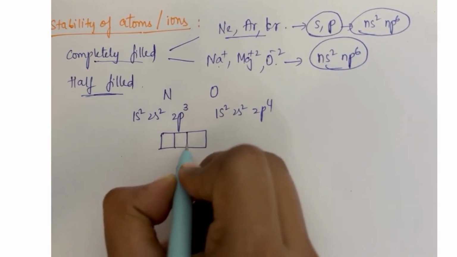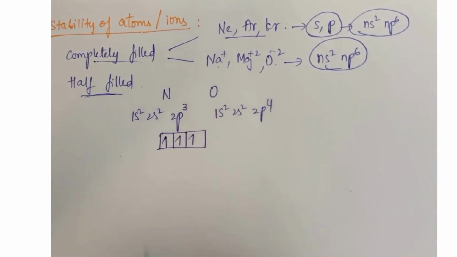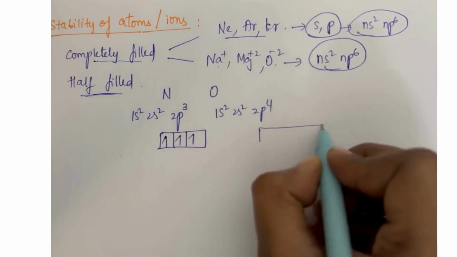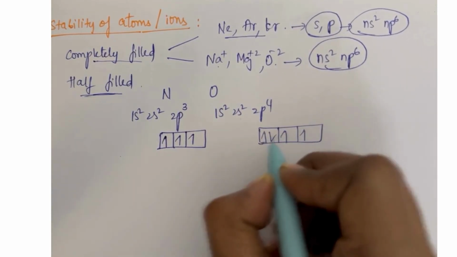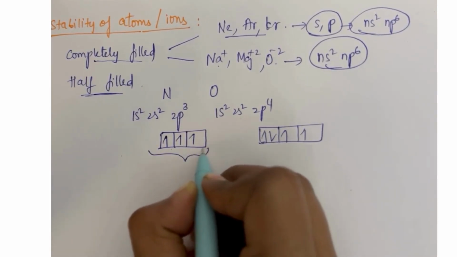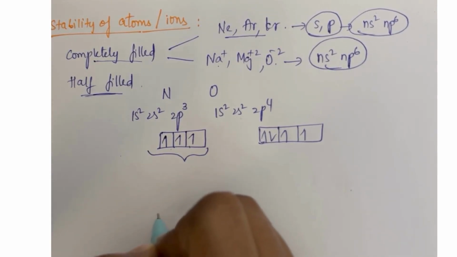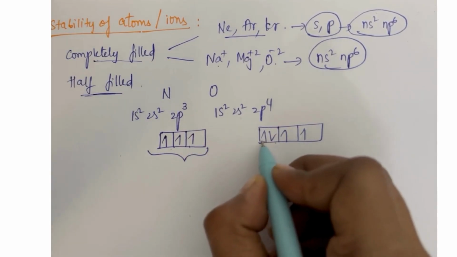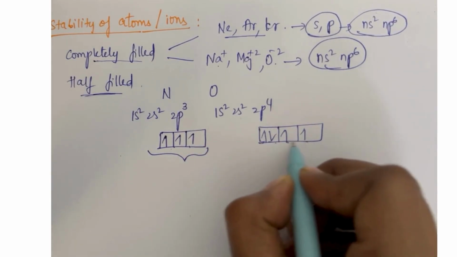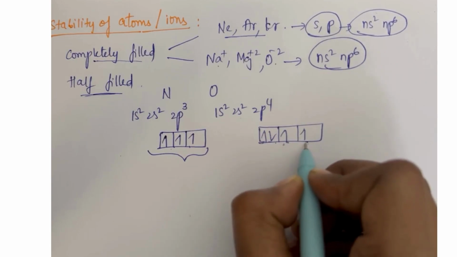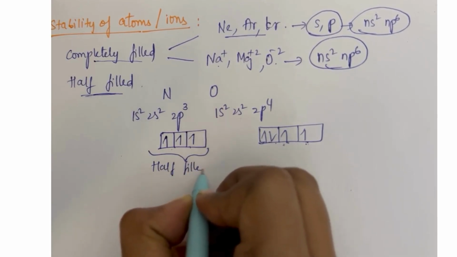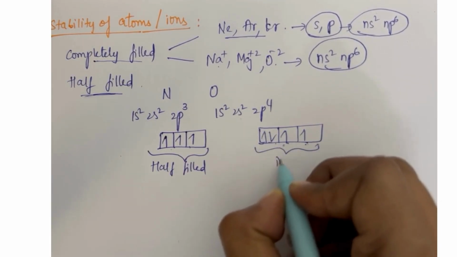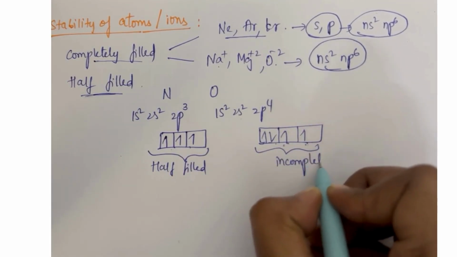Here the p has 3 electrons, but here the p has 4 electrons. In nitrogen each orbital is filled with 1 electron, but in oxygen 2 are paired and 2 are unpaired, so there is no symmetry. In such a case, you call this a half filled configuration, and this an incompletely filled configuration.